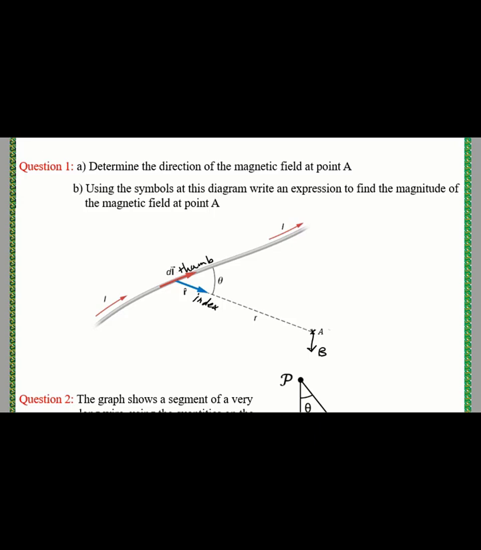Or, more easily, you can put the thumb with the current and curl your four fingers around the current passing through A. So put the thumb in this direction and extend the other four fingers to A. Now curl your fingers around the wire. They will go inside like this. So it is downward at point B. It's maybe easier than the first one.